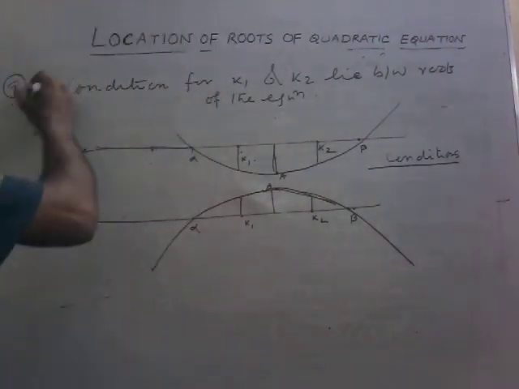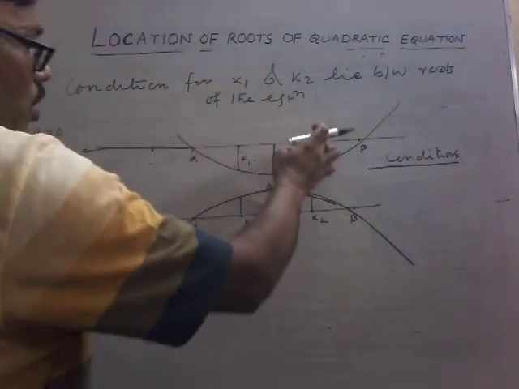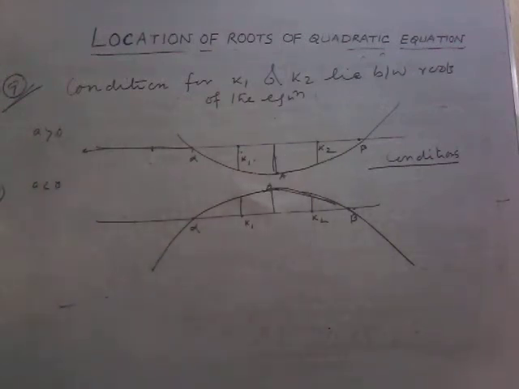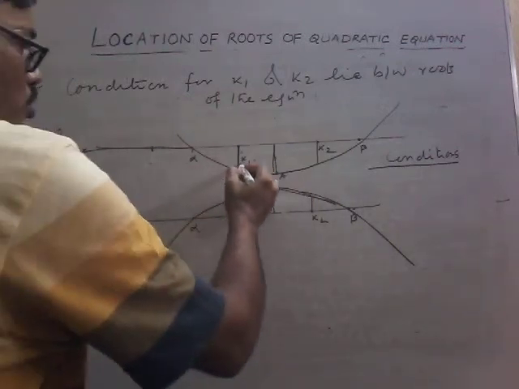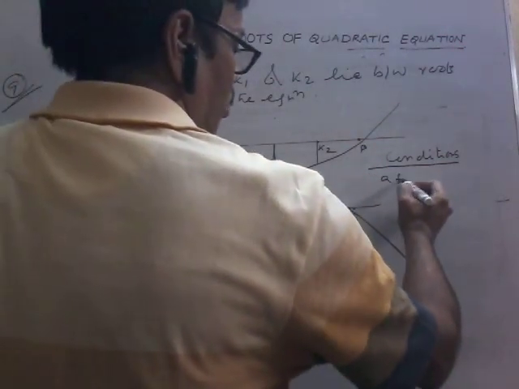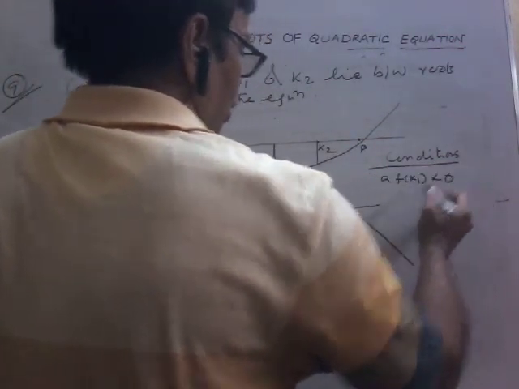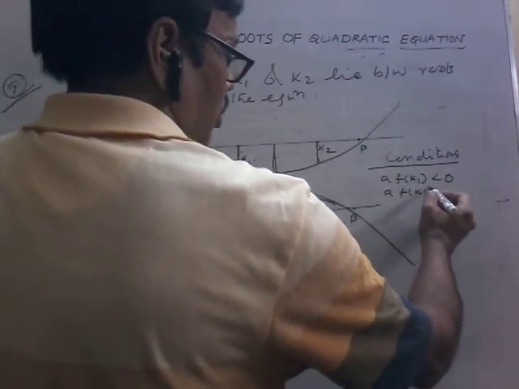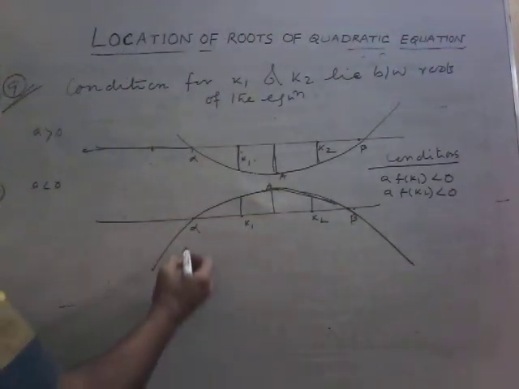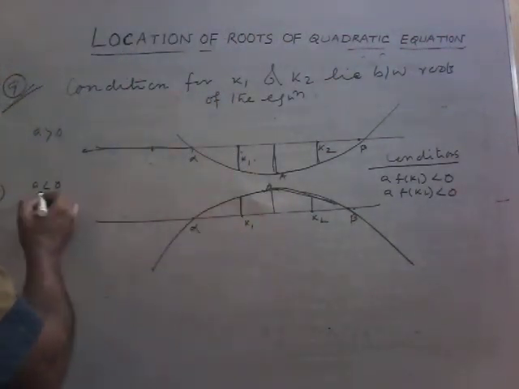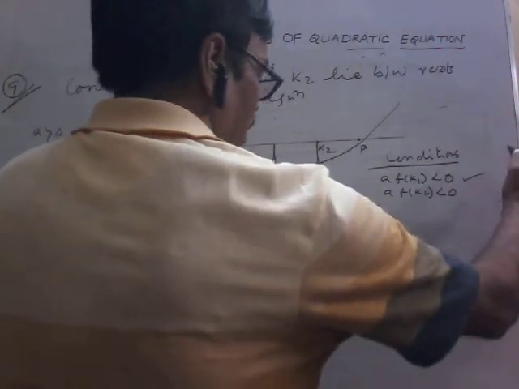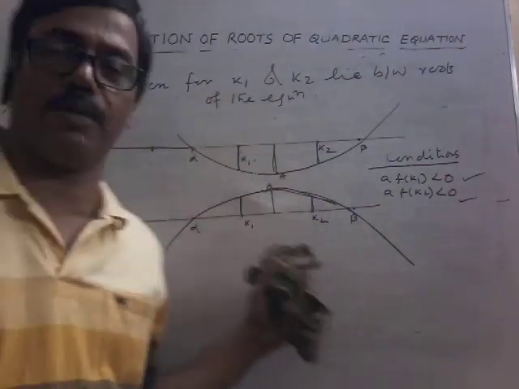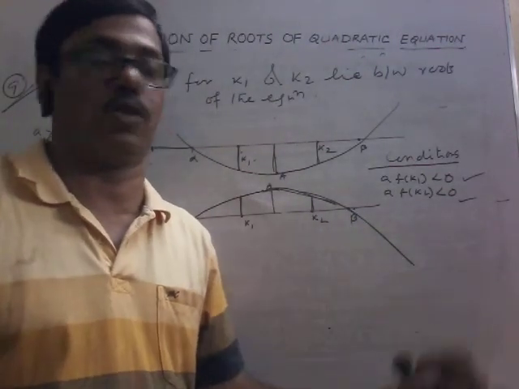Look, for the last case, the condition for k1 and k2 lying between the roots. For the first case, a into fk1 less than 0 and a into fk2 less than 0 for the first figure. For the second figure, this is positive, but a is less than 0, so you get the same condition.